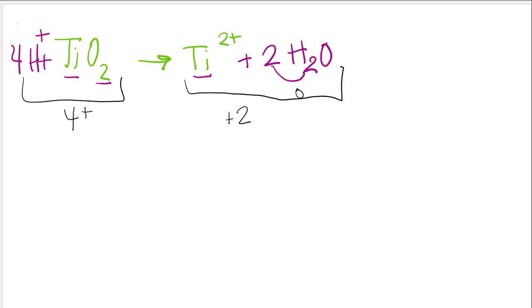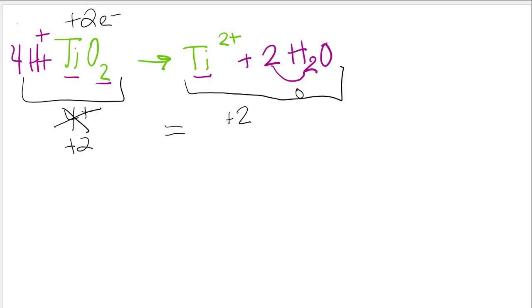So the side that is more positive needs electrons. So we need to add 2 electrons on the left to make that plus 4 go down to a plus 2 so that both match. Now they are the same electrically balanced charge.